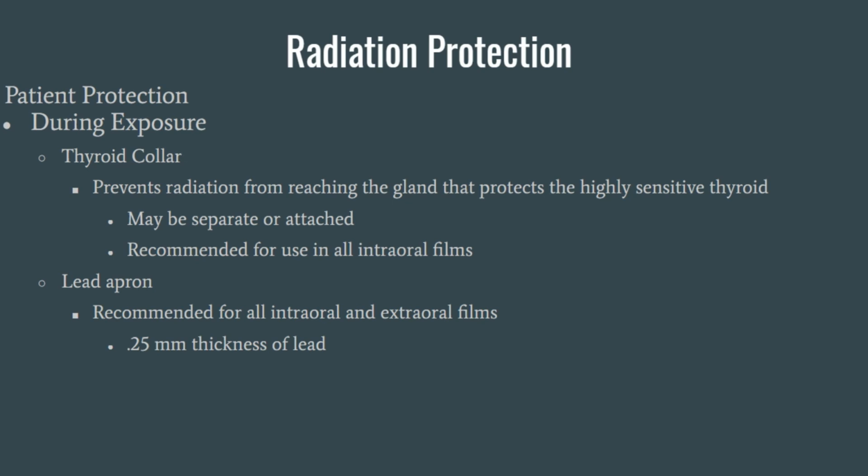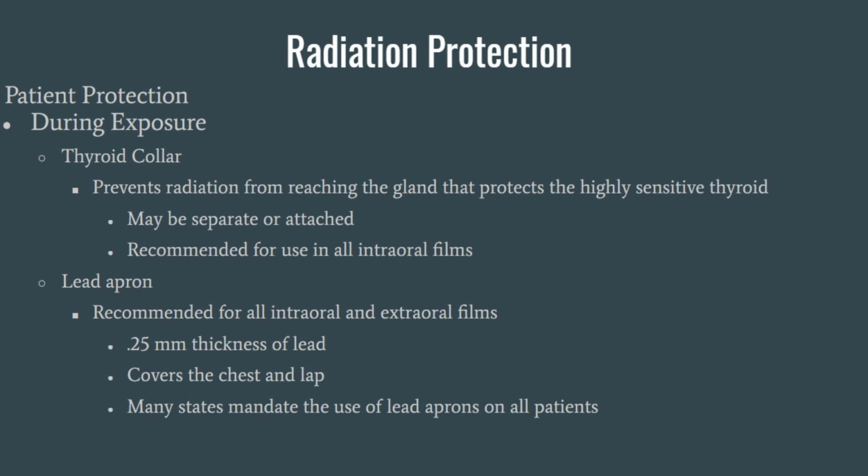It has 0.25 millimeters thickness of lead and will cover the lap and the chest. In many states, this is a mandate, meaning you must use lead aprons on all patients. And now they actually do make some lead aprons that are lead free. They're made of a different type of alloy that protects the same way as lead, and they are 30% lighter.